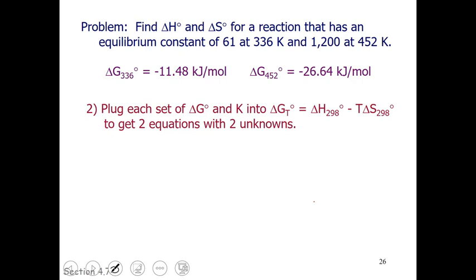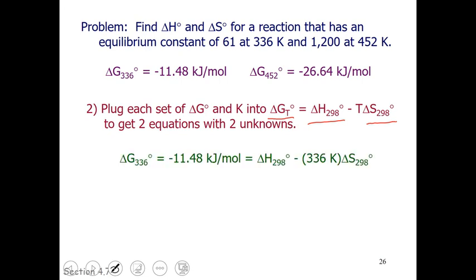So it is a reasonable assumption to assume that delta G naught at some temperature is equal to the delta H naught at 298 minus that temperature times the delta S naught at 298. So if I use my delta G information at two different temperatures, I have two equations and two unknowns.